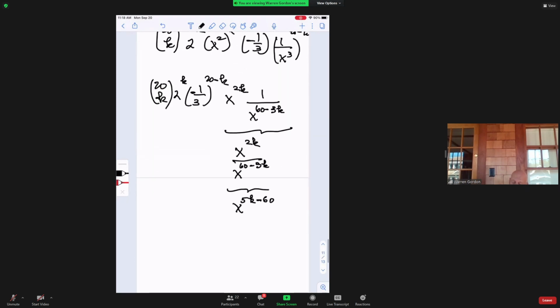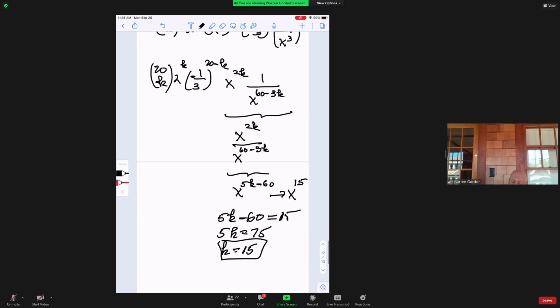So that means I want this to be x to the 15th power. That means 5k minus 60 should be 15. 5k should be 75. So k is equal to 15 in this case, coincidentally.